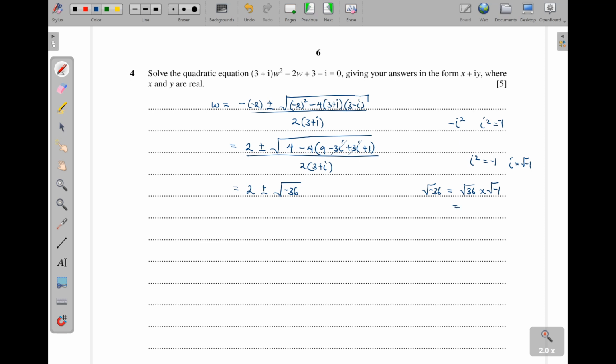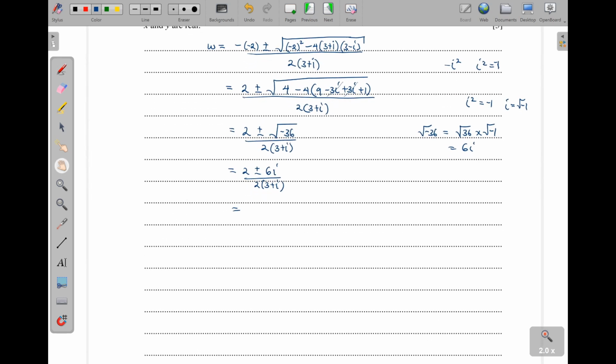So this is going to be equal to 6i. Then we divide by 2 into 3 plus i. So this will be 2 plus or minus 6i over 2 into 3 plus i. Then I can simplify this. When I divide all through by 2, I can have 1 plus or minus 3i, over 3 plus i.